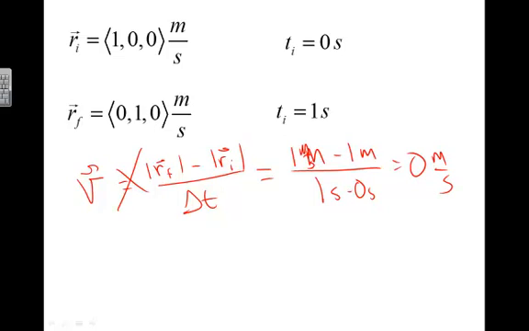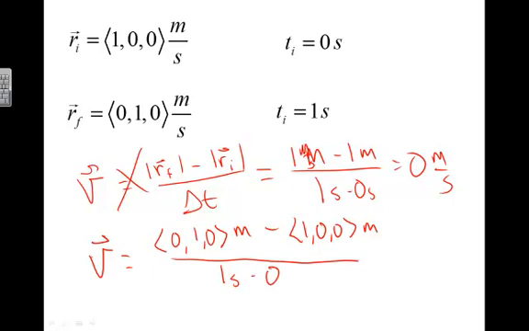The way we go ahead and actually calculate v is r final, which is 0, 1, 0, minus 1, 0, 0, all over 1 second minus 0 seconds. And we just go through component by component. So 0 minus 1 is minus 1, 1 minus 0 is 1, 0 minus 0 is 0, meters over 1 second.